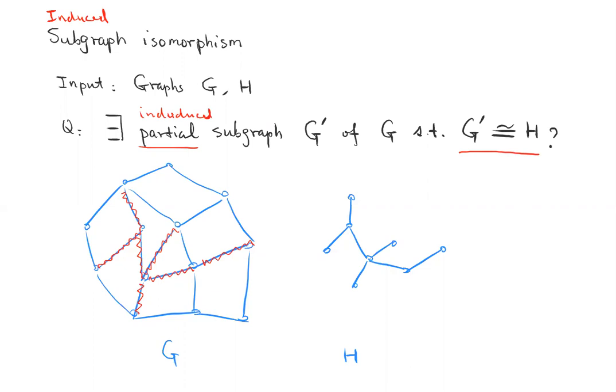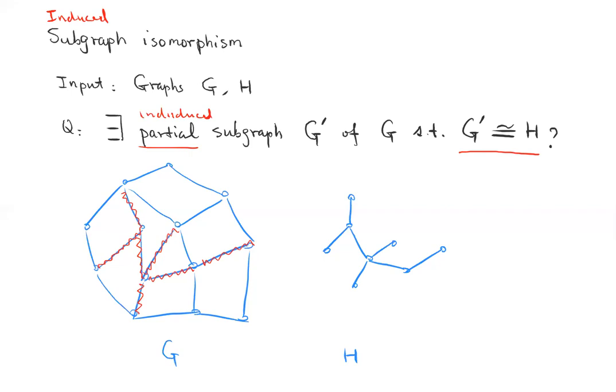But for induced, this one is not, because the red one is not induced, since it has this extra edge here. For an induced one, we should not have this edge. I'm not quite sure whether we have an induced copy of this H.